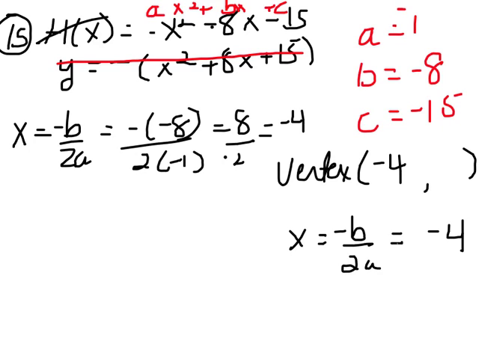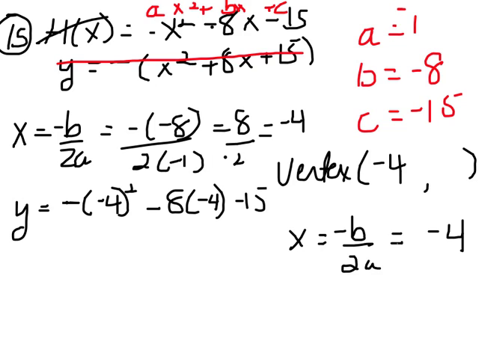All right, so now we have to go find the y value of the vertex because it's missing, and I know x is negative 4. So what I'm going to do is plug in negative 4. I've got to square it. Minus 8 times negative 4 minus 15. Well, negative 4 squared, doing PEMDAS, I'm going to square the negative 4 first and get 16, but it's got a negative out front.